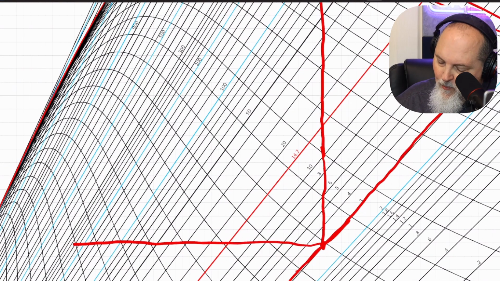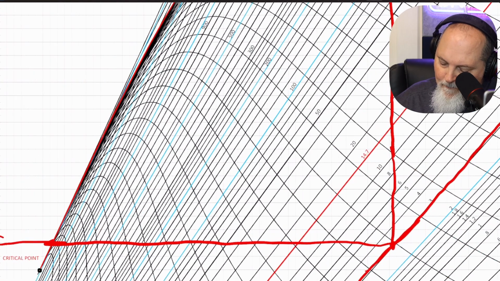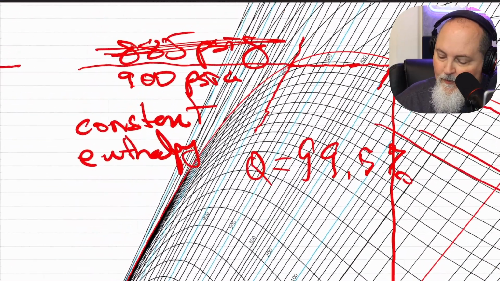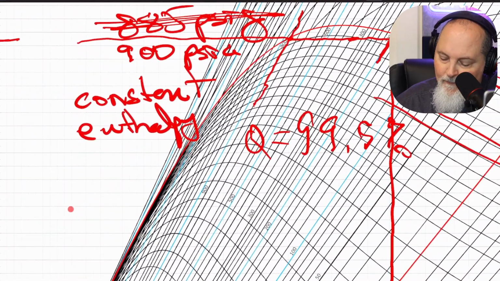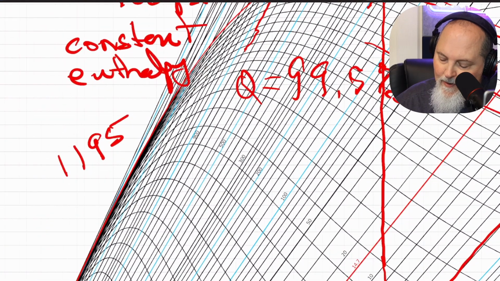So let's come back over here and find our enthalpy. And it looks like 920. So we started with 1195 BTUs per pound mass, and we're going down to 920.